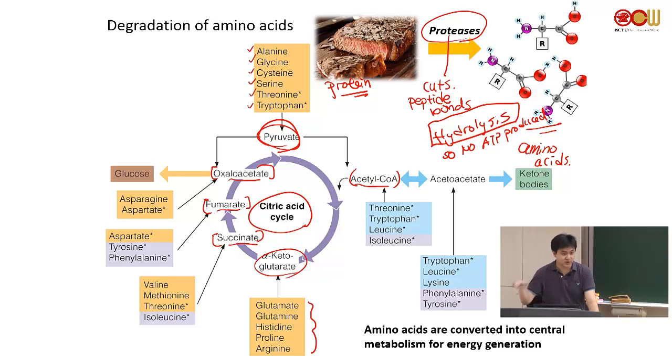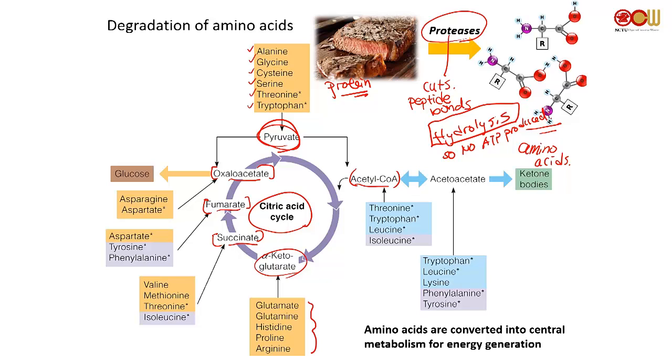When you make proteins, when you make peptides, you will use ATP. So that tells you that when you build molecules, a lot of times you use energy, but when you break large molecules down into individual small molecules, a lot of times you don't get energy. So in this case, proteases do not give you ATP. So number one, here you don't get any ATP.